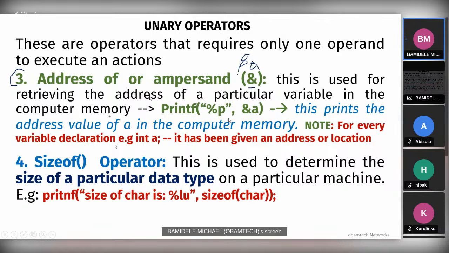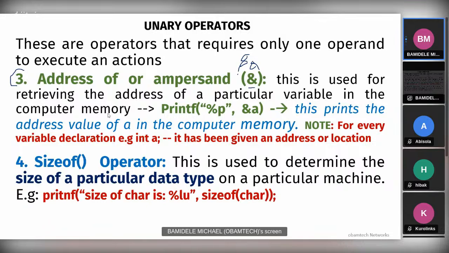C language is very concerned about how you use your variables and your different data types. Every variable has a location, a place, an address in the computer memory.